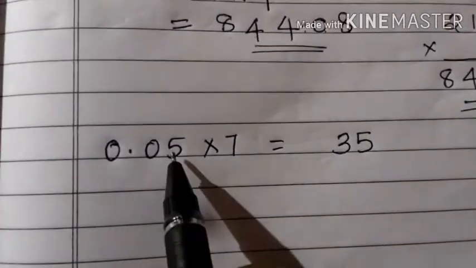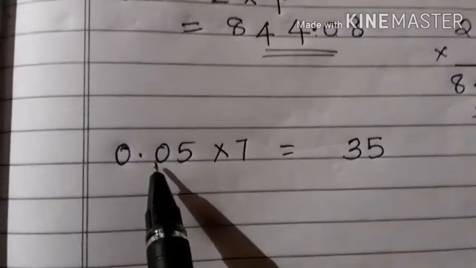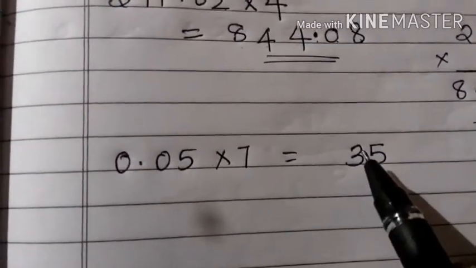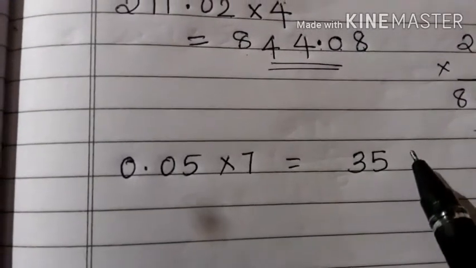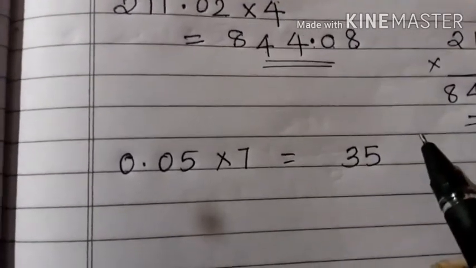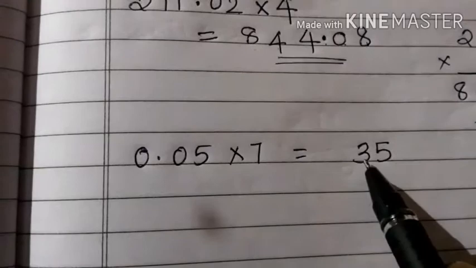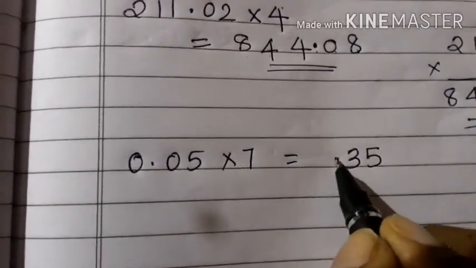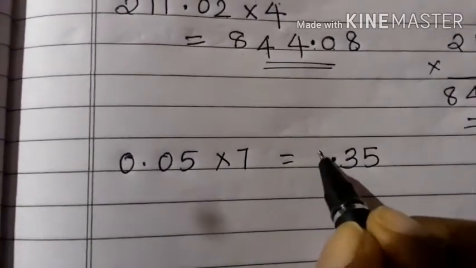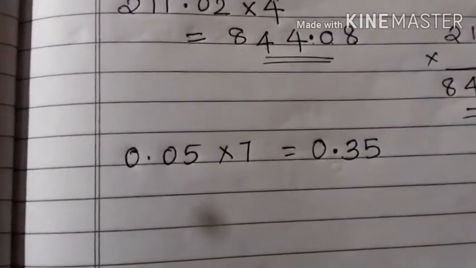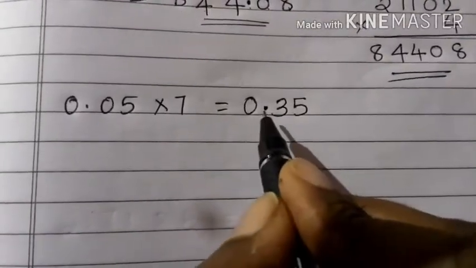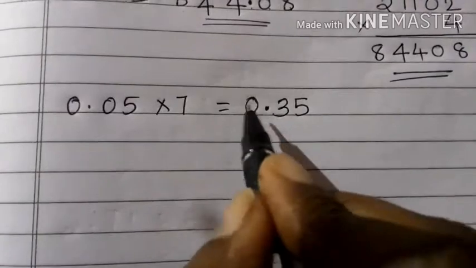Here 2 digits. So in the answer also we count the digits from the rightmost number. Okay, 1, 2. So the decimal point here and put 0 in this place. There is no number before the decimal point. We put 0 here.